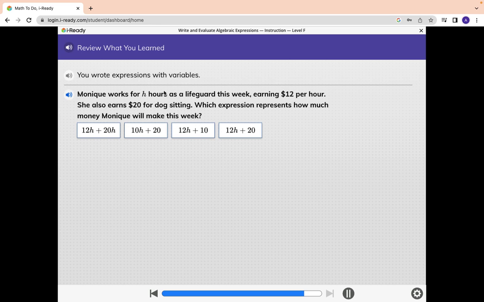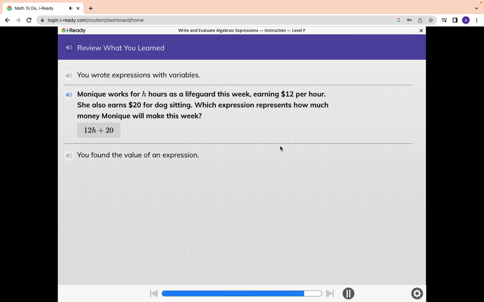So we need to do 12h plus 20, because 12h is $12 per hour times the number of hours, which means the overall lifeguard money. And $20 for dog sitting. So it should be 12h plus 20.